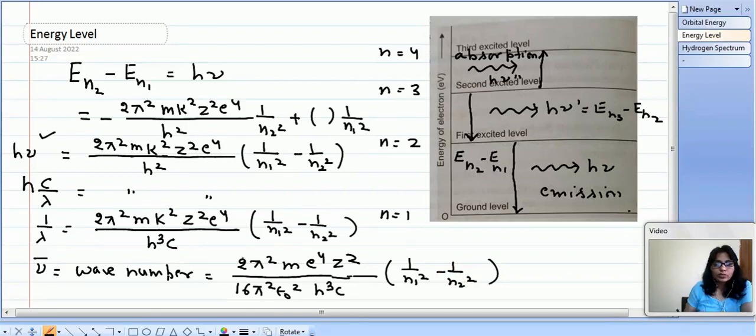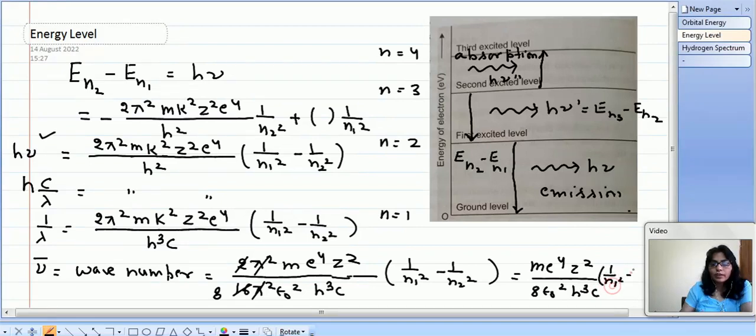So again this 2 gets cancelled with this 16, so 8, and this pi square is cancelled. So now we have m e to the power 4 z square divided by 8 epsilon naught square h cube c into, within the bracket, 1 upon n1 square minus 1 upon n2 square.